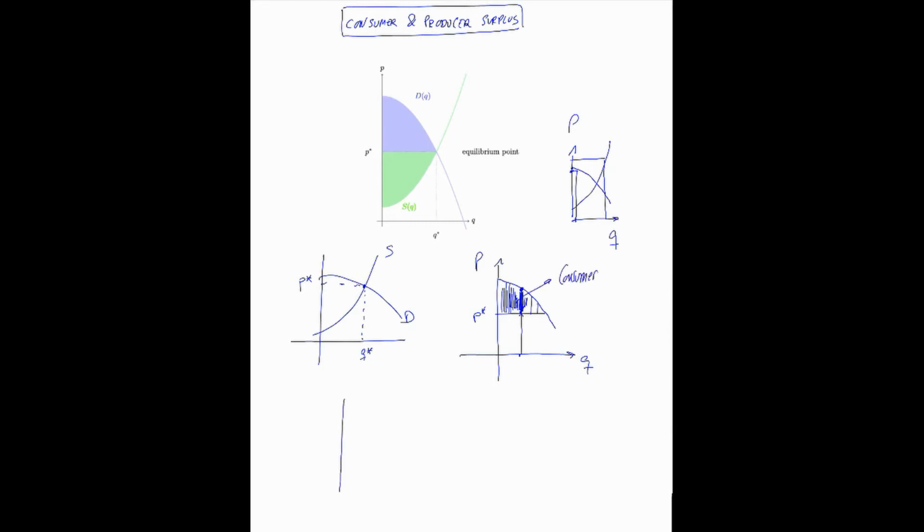Similarly, for producers, if this is the supply and here is the equilibrium price, what you have to understand is that producers are willing to sell at this price and people are buying at this price, so they're making this extra money. Putting all quantity together, here we have the producer or supplier surplus.